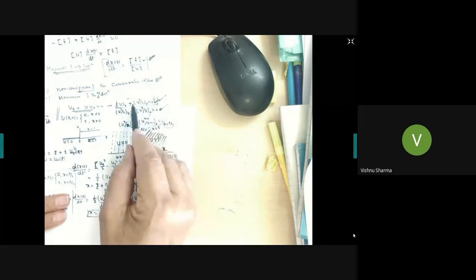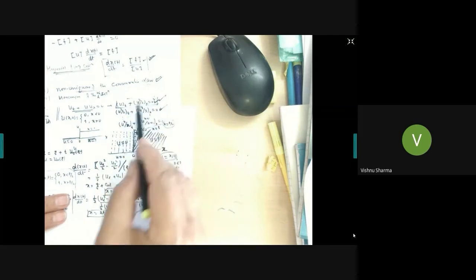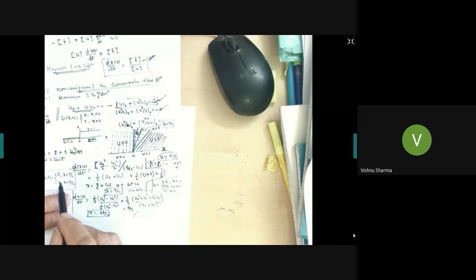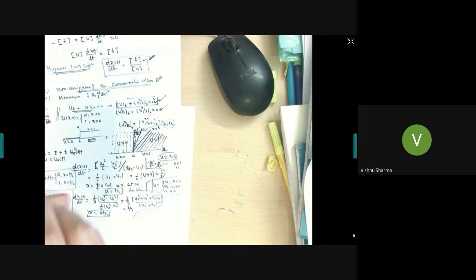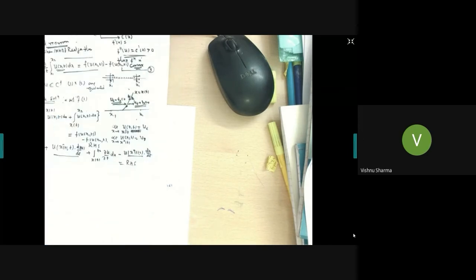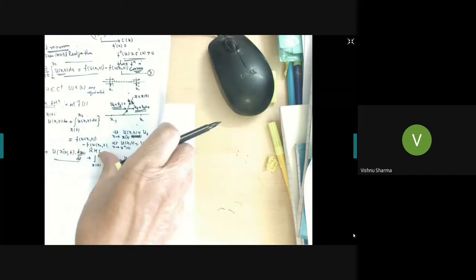If I take this conservation law into account, you look here, this is one solution, and this is another solution. Are you following? So the non-uniqueness is because of the conservation law. Is that right?